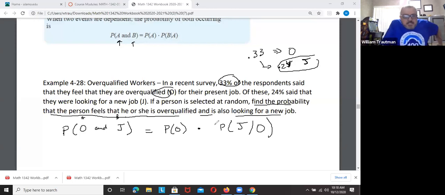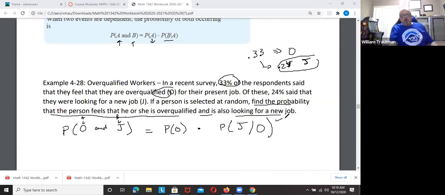Do you see A and B is right up here? Call this A the O part, and then next is B given A. B is J given O.